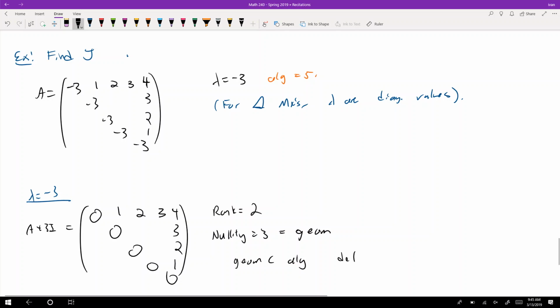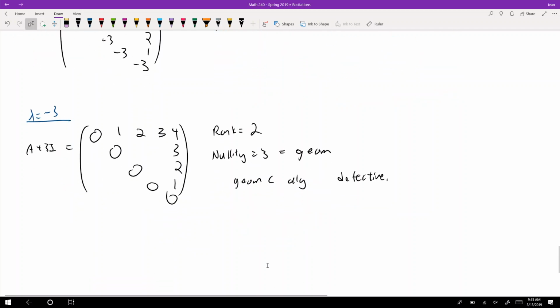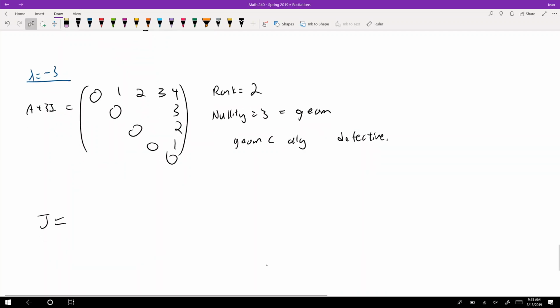So it's defective. Okay, so we need our J block, and in this entire example we're just trying to find J by itself. So J, right? First of all, we're just going to put -3 on the diagonal. All right, but given that the nullity is equal to 3, the geometric multiplicity is equal to 3.